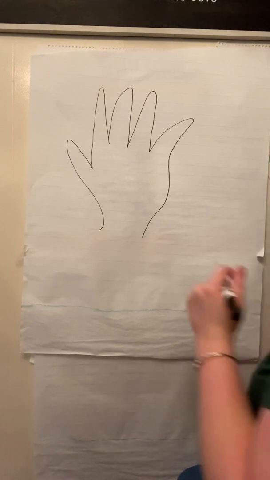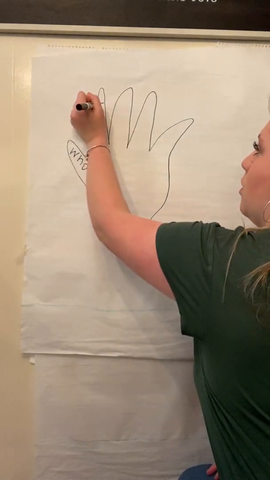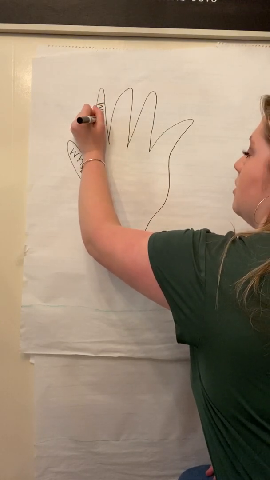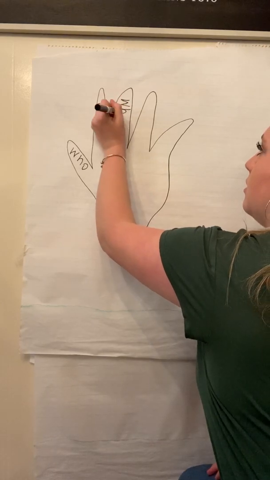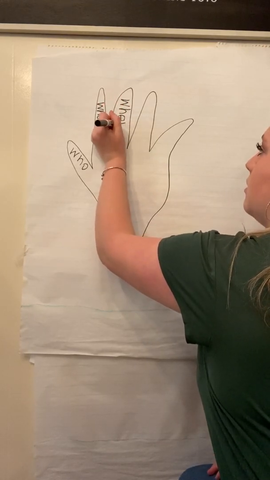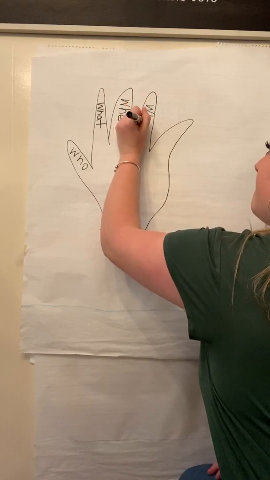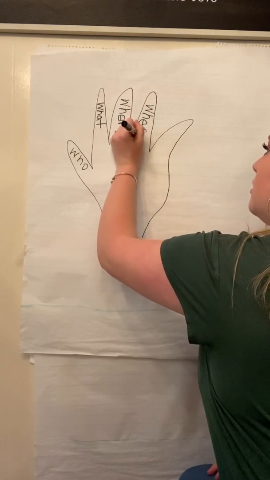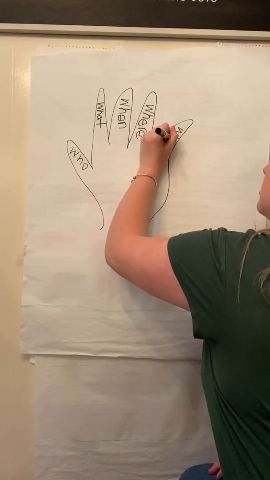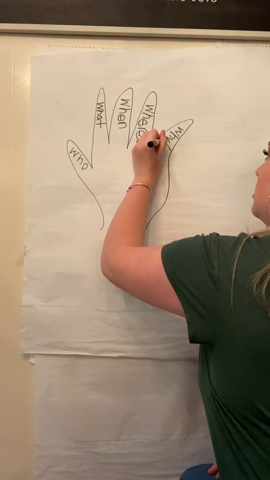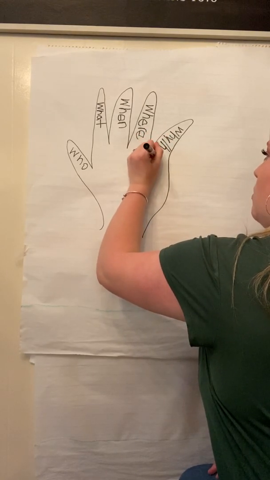So we think about our 5 W's. We have our who, what, when, where, and why / how.